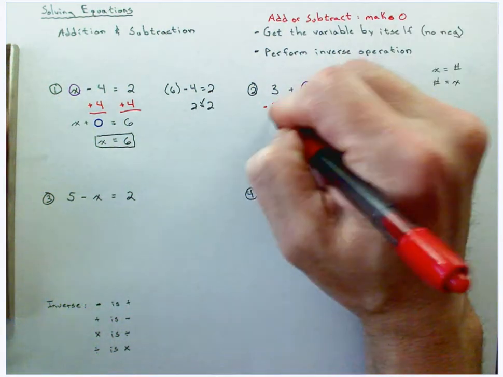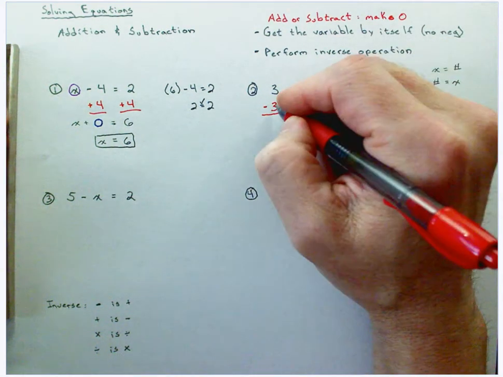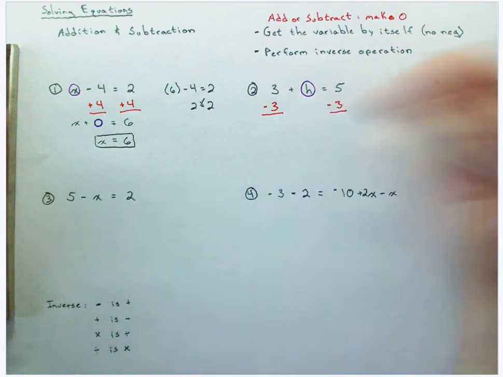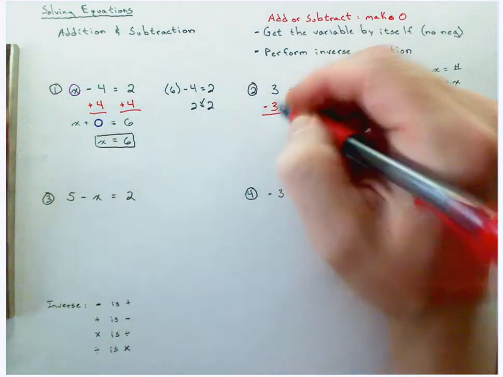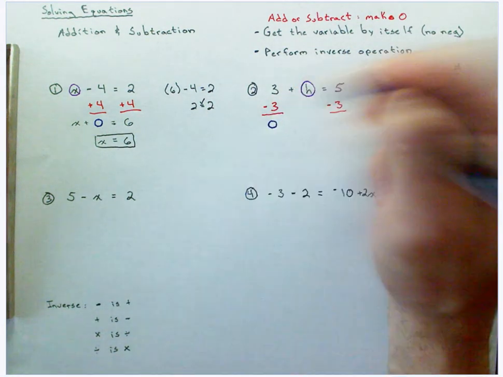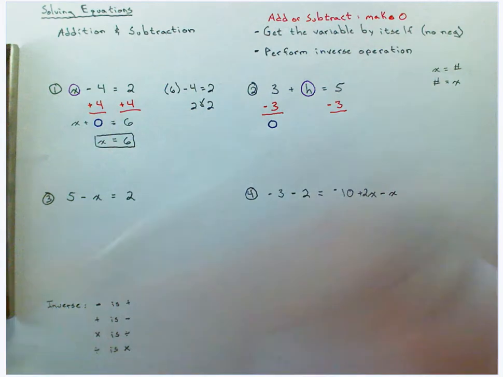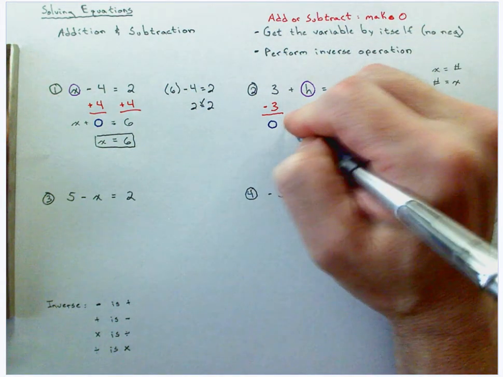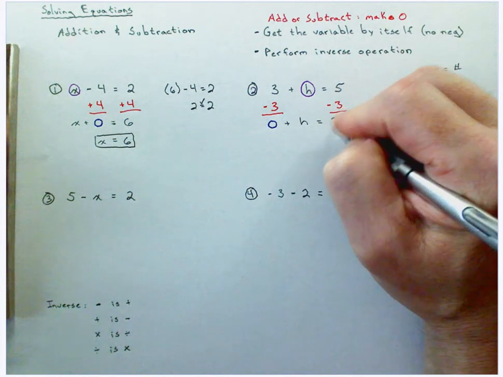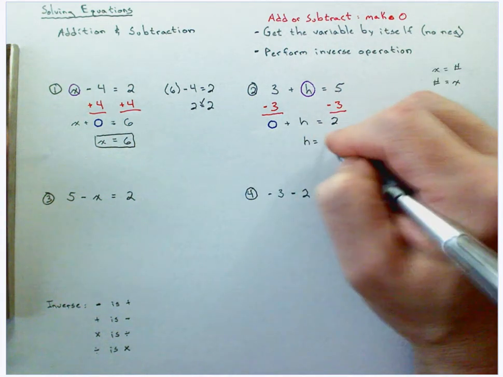I'm going to subtract 3. If I do it to one side, I have to do it to the other. 3 minus 3 is 0. And then I just bring my h down. 5 minus 3 is 2. h equals 2.